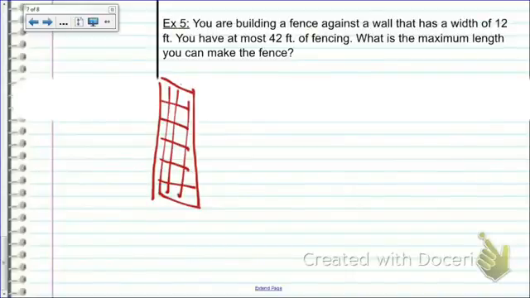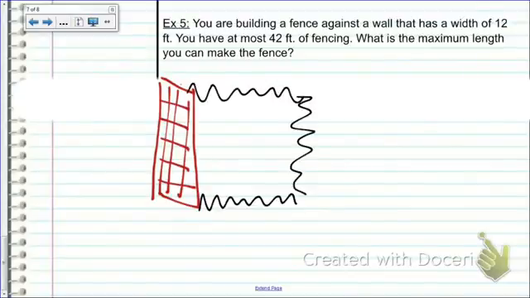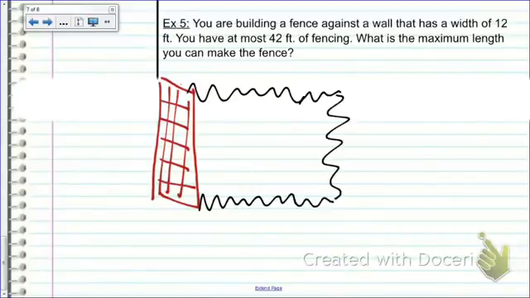So it's like if I was saying against this wall right here, I wanted to build a fence, so I'm going to use part of the wall as my side. So my fence is actually only going to be covering 3 sides of it, right? And we can assume, actually let's make it a little longer. We can assume that this width is the same width as the wall. So this is 12.